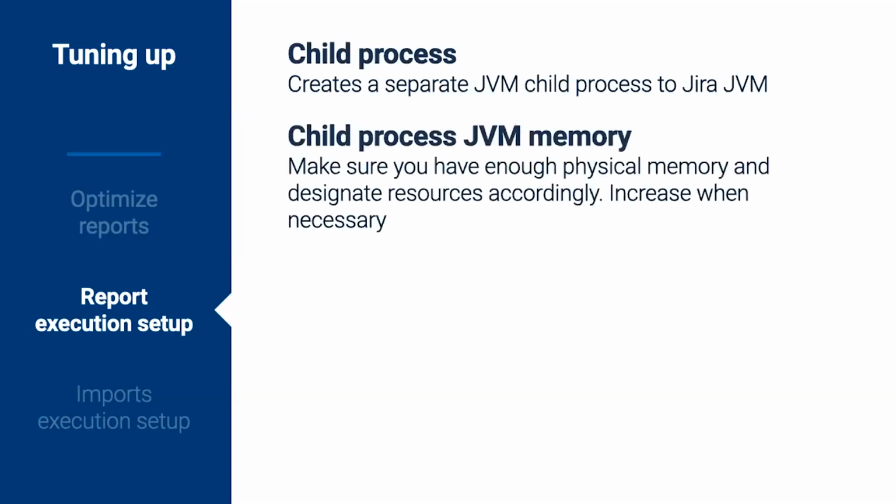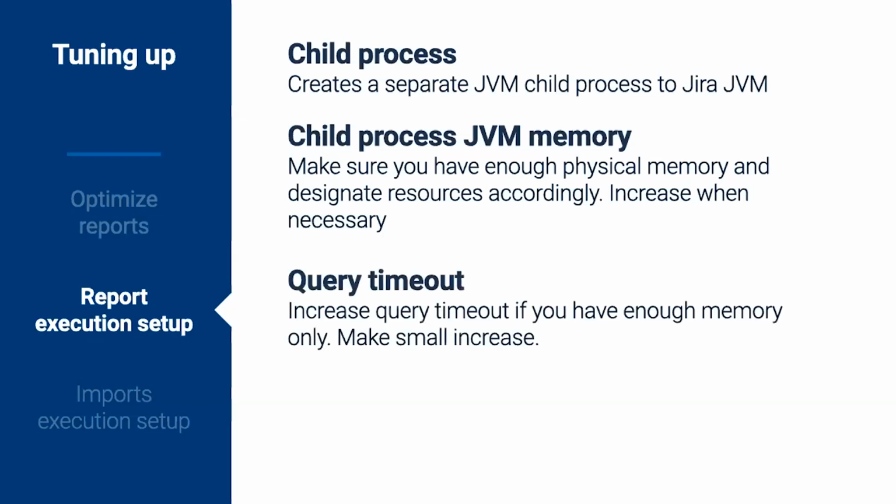Then the next thing is you would like to designate specific resources, memory, and please make sure you have enough physical memory, because memory can't go over, it will just end, and that's all. And the increase is more like an incremental increase if necessary.